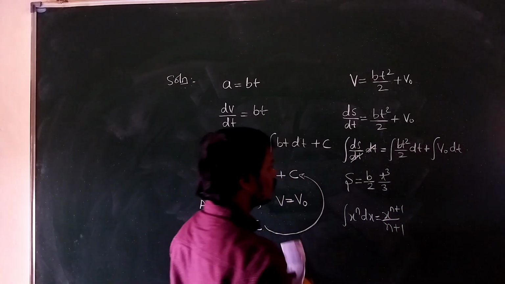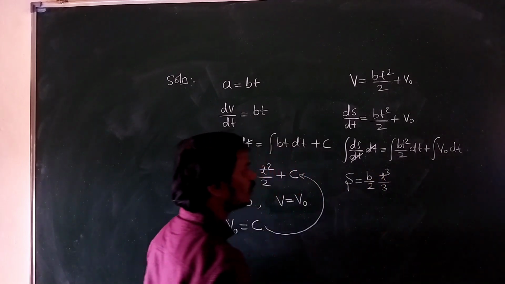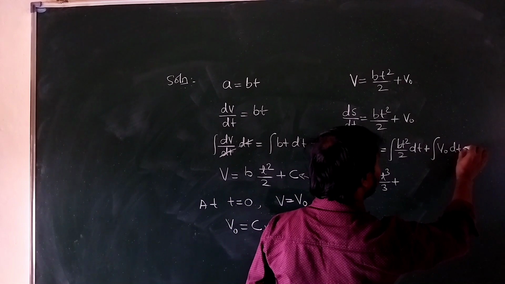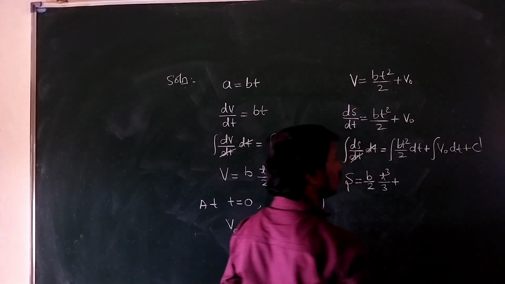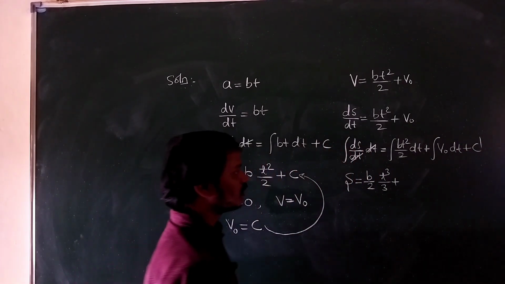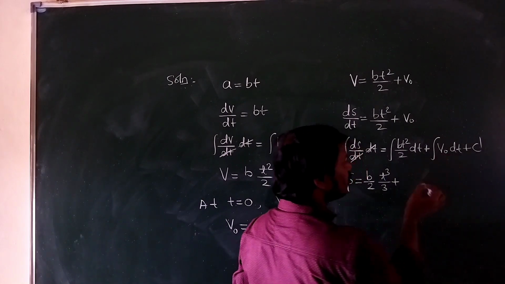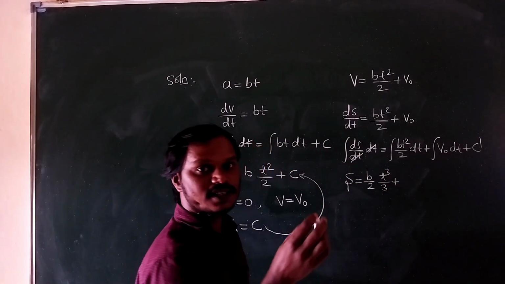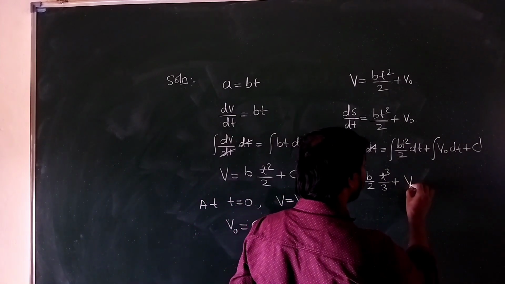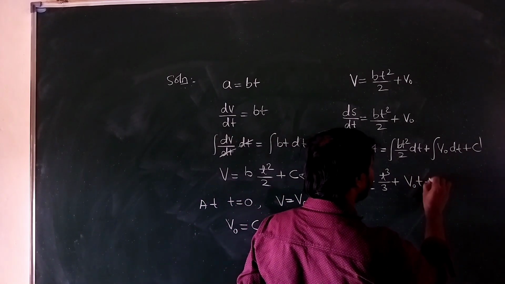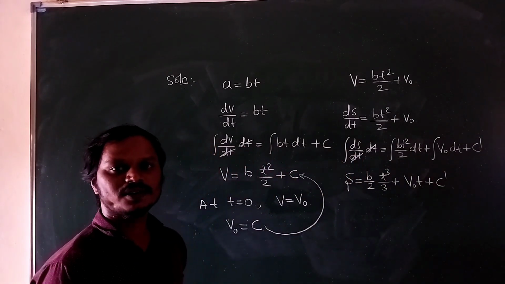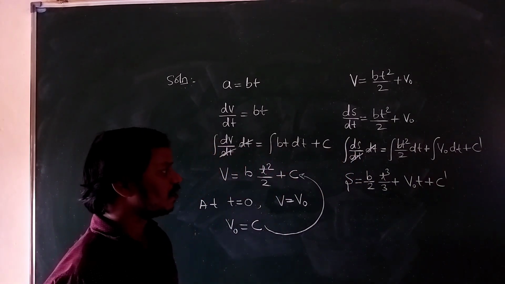Hence it is b by 2 into t cube by 3 plus, again it is an indefinite integral, so I will take c dash. Now v naught, the initial velocity, is constant, so taken outside, integration of dt is t, so it is v naught into t plus c dash. Now listen here, we have to find the value of c dash. How to find the value of c dash?